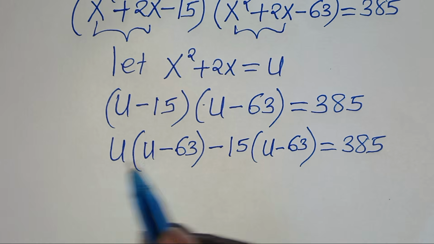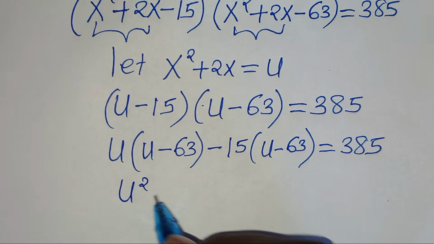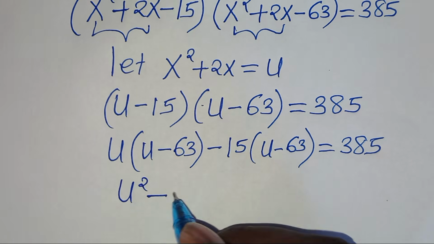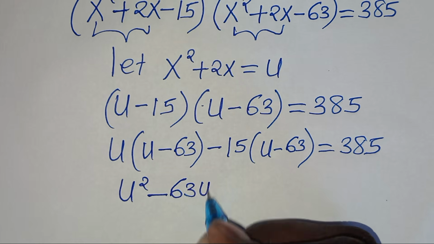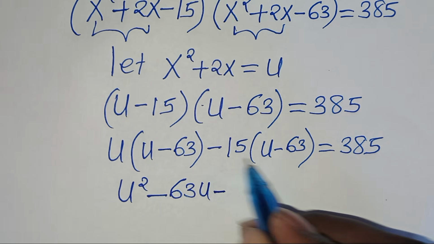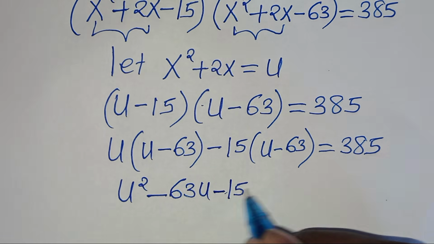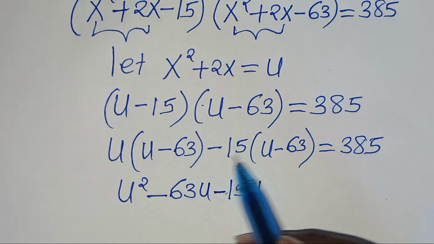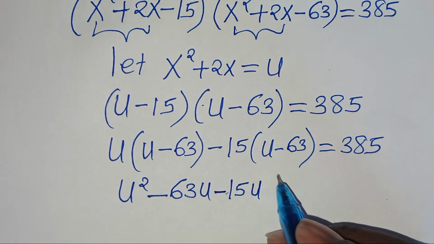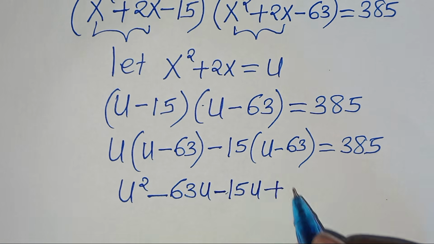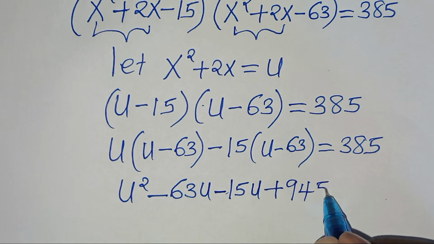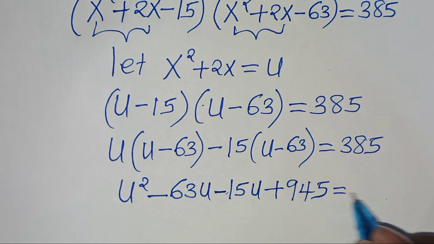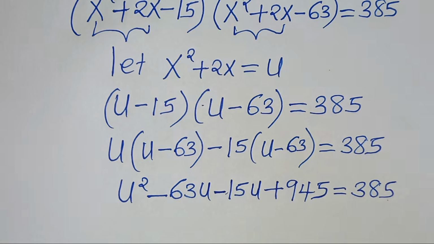Now we have u times u, this is u squared, minus u times 63, this is minus 63u. Then subtract 15 times u, this is minus 15u. Then minus 15 times minus 63, this is plus 945. This is equal to 385.